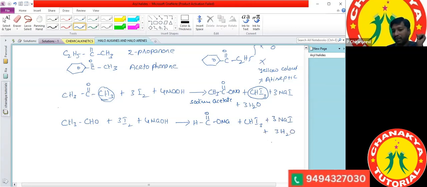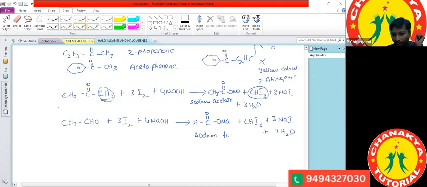Exactly, Aditi. Exactly correct here. Okay, so can you tell me the name of this one? This we can call as sodium formate.